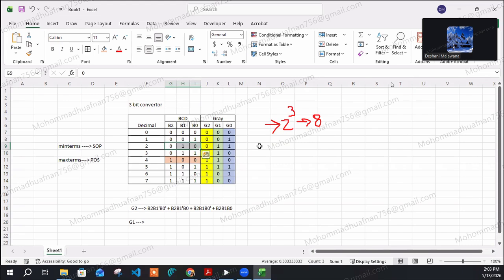So B2 dash, B1, B0 dash, B2 dash, B1, B0 dash. This is this one. So then after this is also one. So first one is dash, other two are normal. Okay. So then after here, first one is normal, other two are dash.